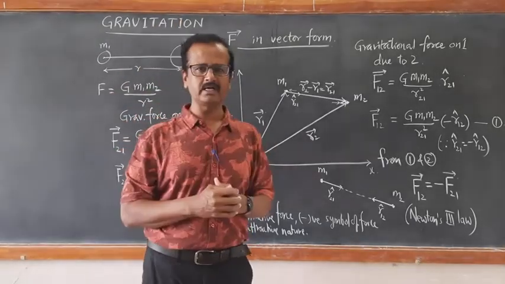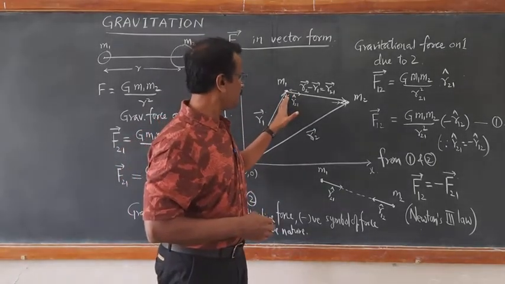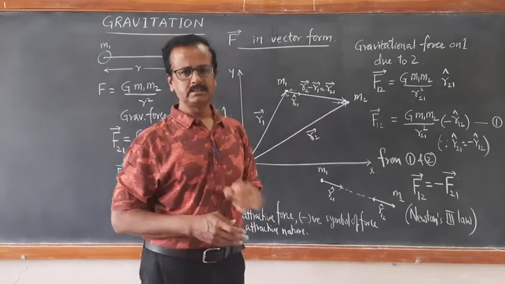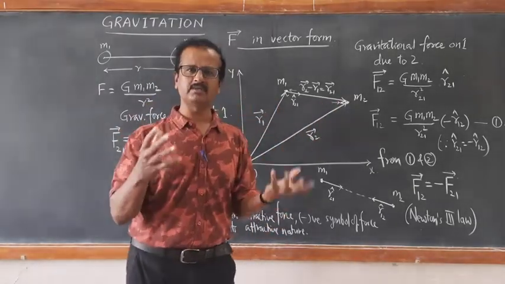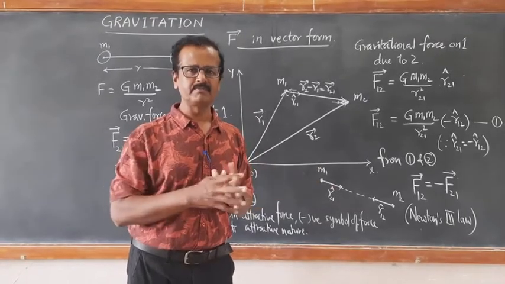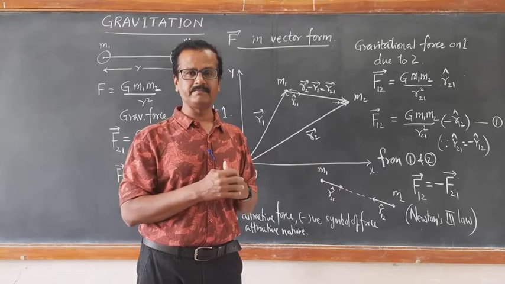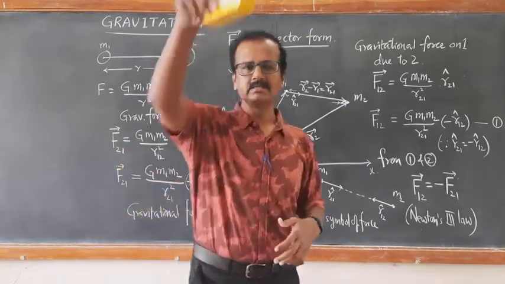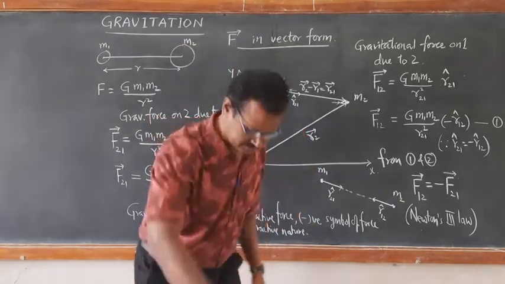Now the question will be asked: force is exerted by the earth on the stone. Similarly, force is exerted by the stone on the earth, because both are masses. Therefore, there exists a gravitational force between them. For example, this is a duster. When I leave it, the duster falls to the ground.